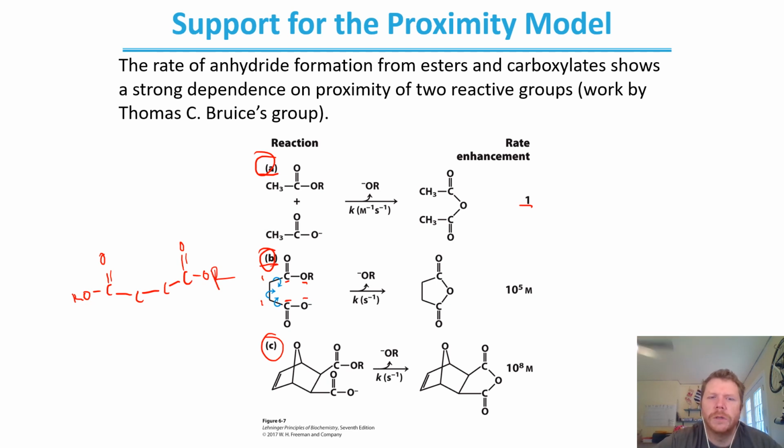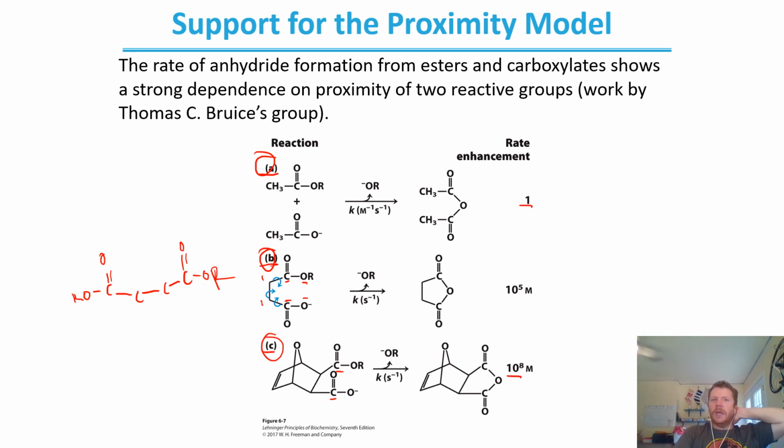improvement. Then scenario C, well, we've got those two groups, those two carbonyl carbons, separated by the same distance, but we've got this other ring associated with it. This other ring is basically going to make this structure quite a bit more rigid, and our reaction rate goes up even higher.